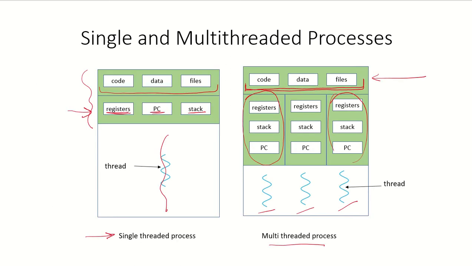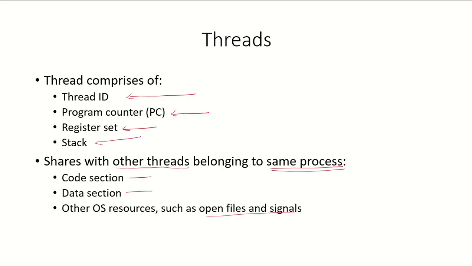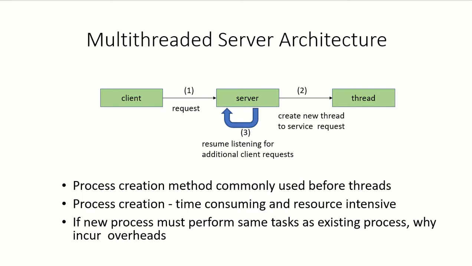As we have seen here, the code, the data and the open files are shared amongst all the threads of the same process, while each thread will have its own register set, its own program counter and its own stack.